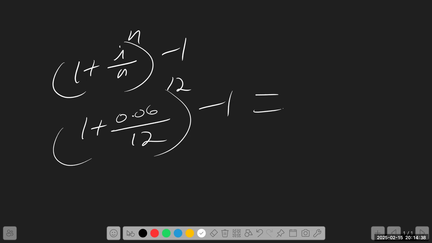Yeah. So that is the net effective interest rate. Okay, so my interest rate is 1.678. Okay, can we go back to the question?